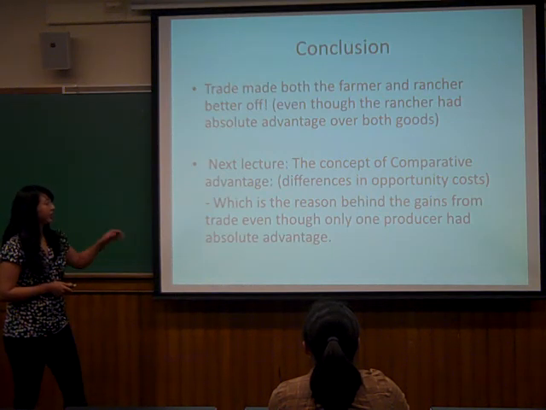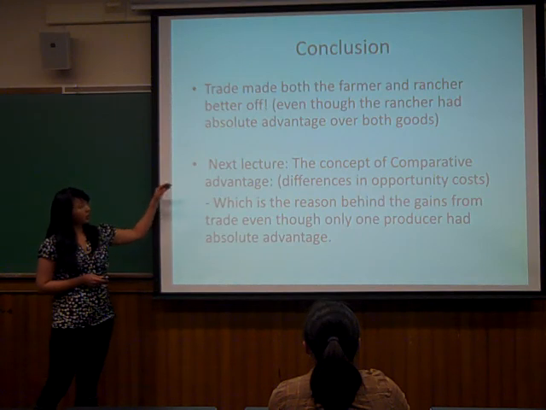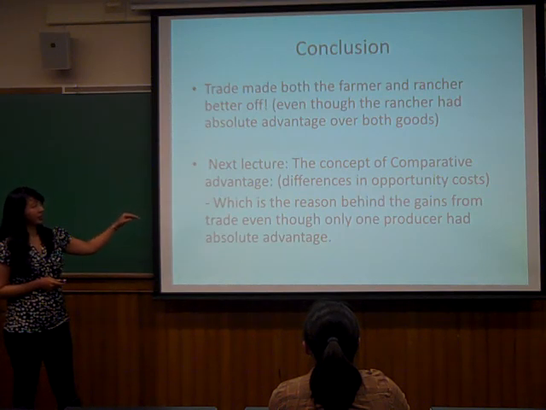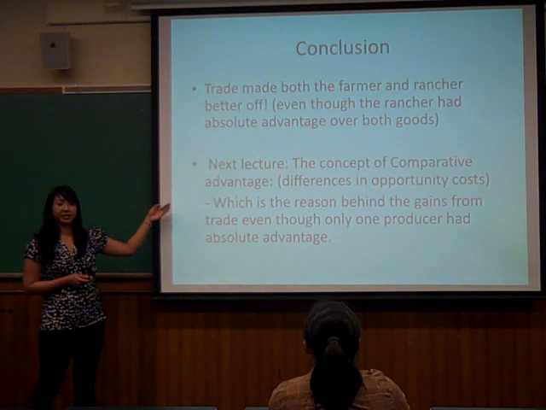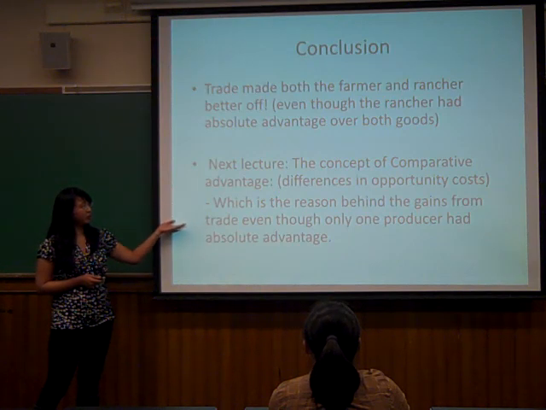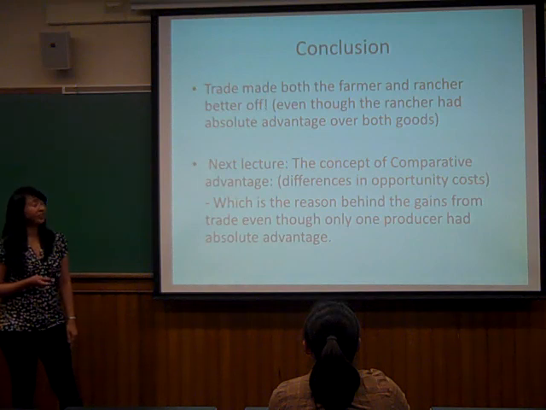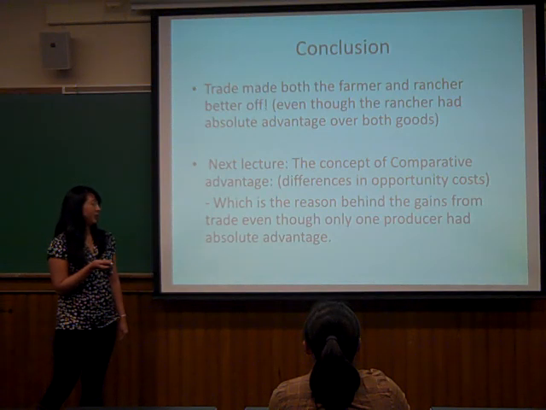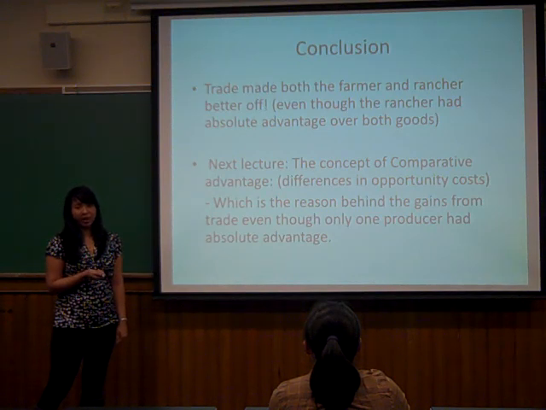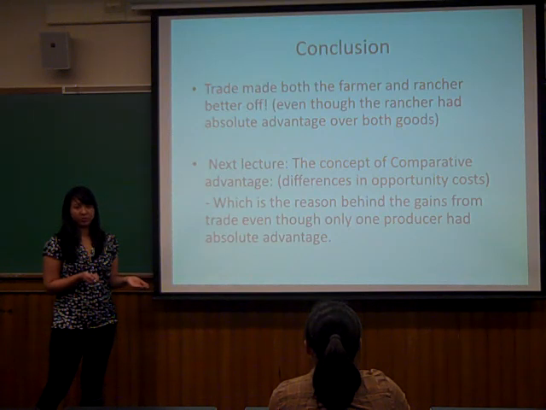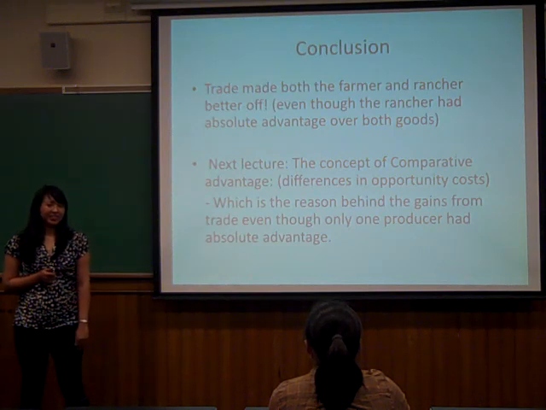In the next lecture, we are going to study the concept of comparative advantage, which is the difference in opportunity cost, which is the reason behind the gains from trade even if one producer has absolute advantage over both goods. Thank you very much.